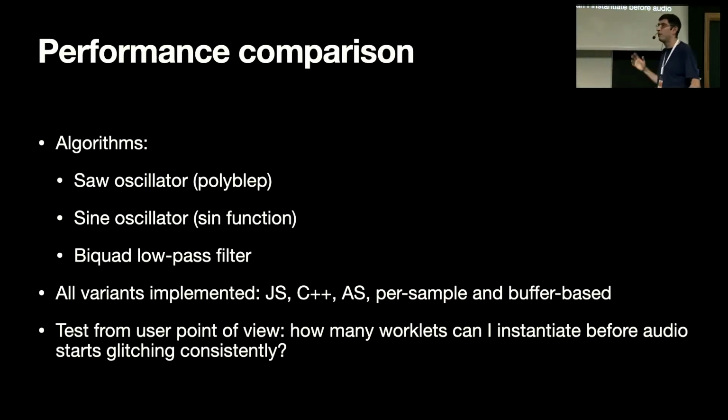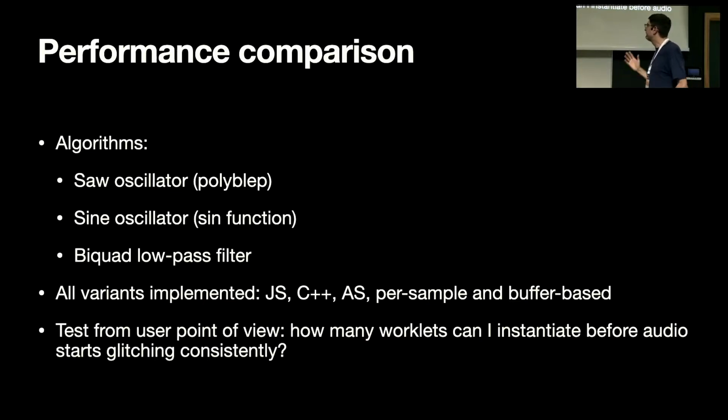The sawtooth is an example of something you want to do that is not available in the Web Audio API in terms of the low-level audio nodes, whereas the sine oscillator is something we can compare to a native version. I also added a biquad low-pass filter, also based on the Firefox code, that we can compare to the native code.